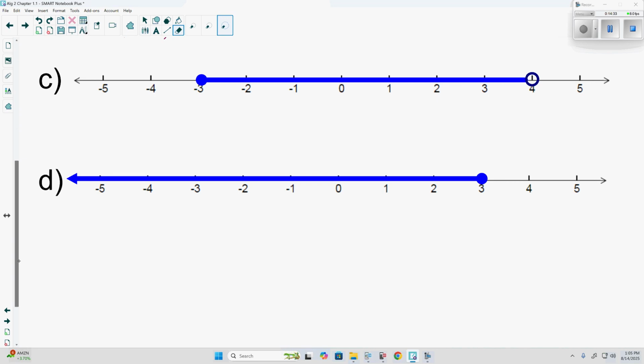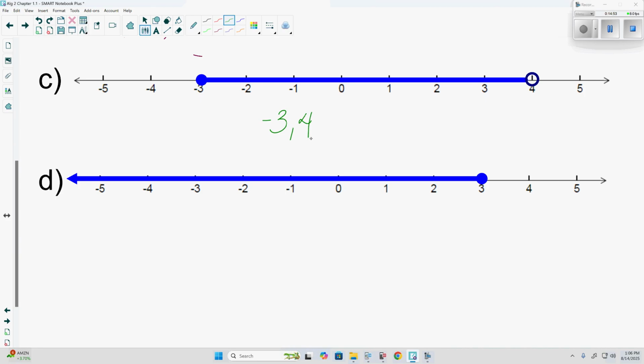-3 to 4. So we have two endpoints. It is bounded. So if we're looking at our interval, one of the two numbers is going to be -3, the other is going to be 4, yes?